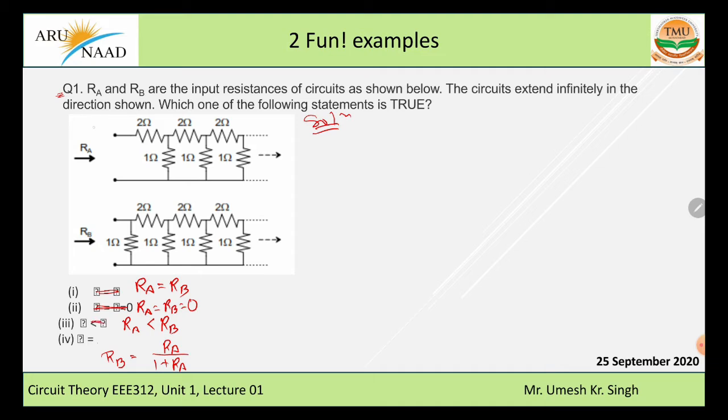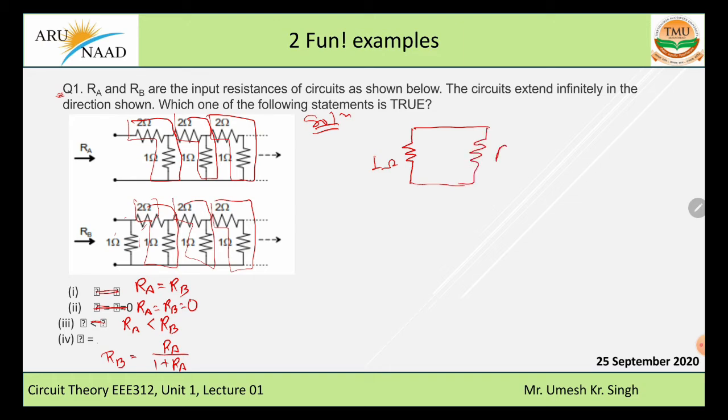So looking at both these circuit networks, in this one 2 and 1 ohm are connected in a ladder. In this case also 1 and 2 ohm are connected in a ladder, but if we look carefully, we can still find that 2 and 1 ohm are again in this network also. So redrawing the network, we can draw it as 1 ohm, and all this value is equal to RA, and consider points A and B, and this total resistance is RB.